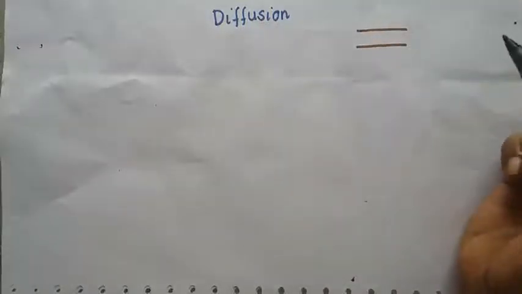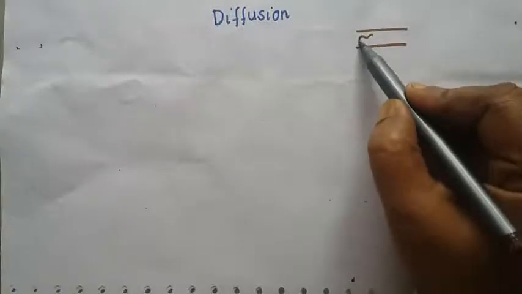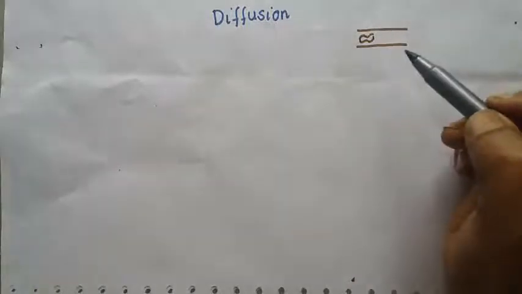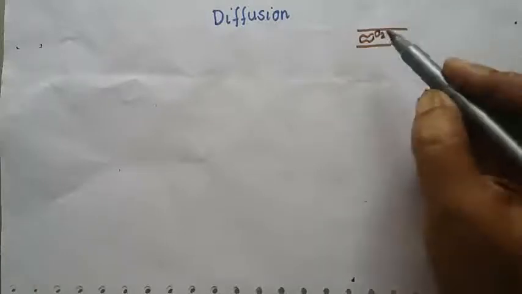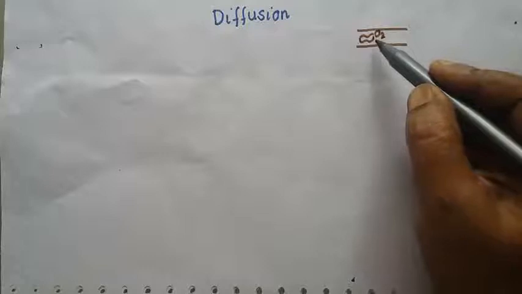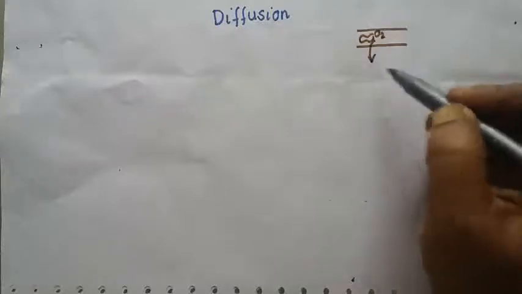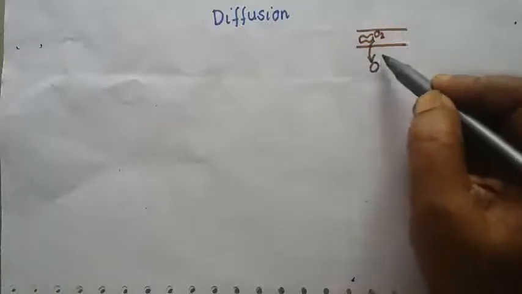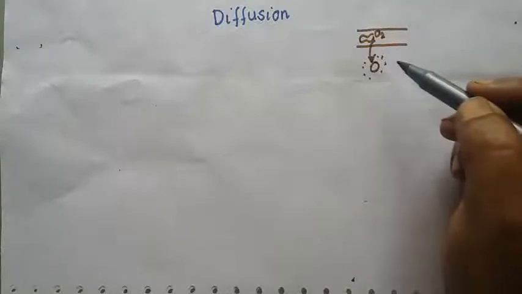When we learnt about the functions of capillaries, within the capillaries we find the RBCs which carry oxygen, and there is an outward diffusion of oxygen from capillaries into the tissue fluid that surrounds the cells.